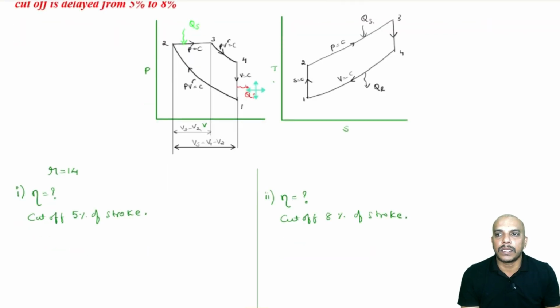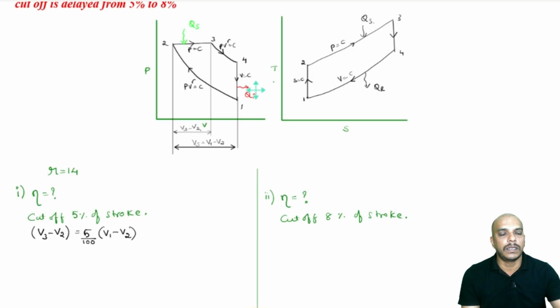So, that we write mathematically as V3 minus V2. That is the portion where fuel is still supplied during the expansion. All right. So, V3 minus V2 is 5 by 100 of stroke, that is V1 minus V2.